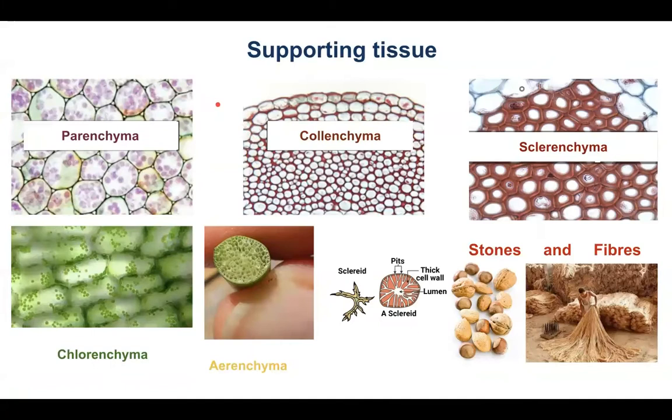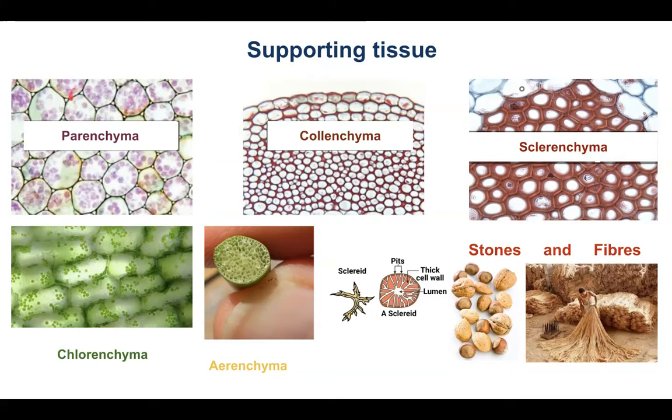Now, the permanent tissues are further divided into supporting tissues. The supporting tissues are the parenchyma, collenchyma, and sclerenchyma. Parenchyma are cells which have almost the same diameter, isodiametric cells. They have intercellular spaces between them, and these parenchyma cells have a large vacuole.